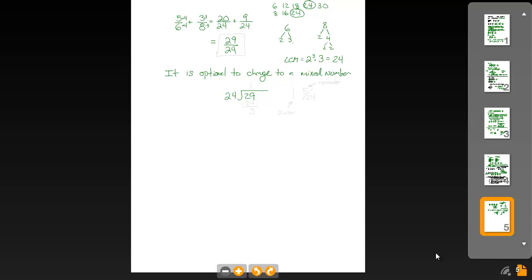She's saying that 24 goes in there once, with the remainder of 5. So the whole number is the quotient, and the remainder is the leftover numerator. And she can just do that in her head on that one. So it's optional to go to that level.